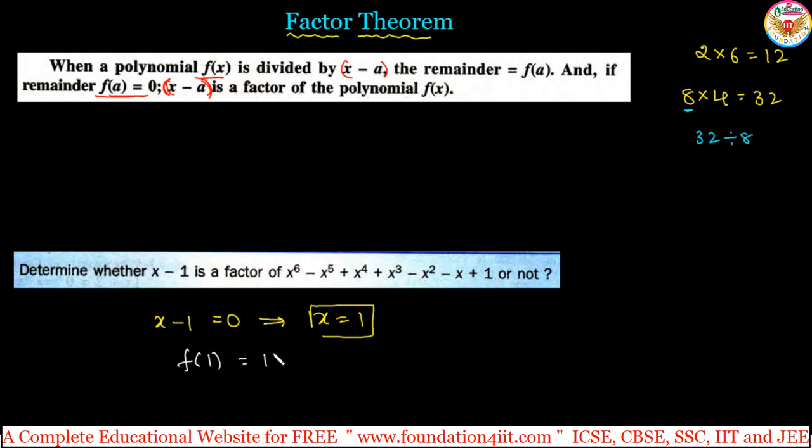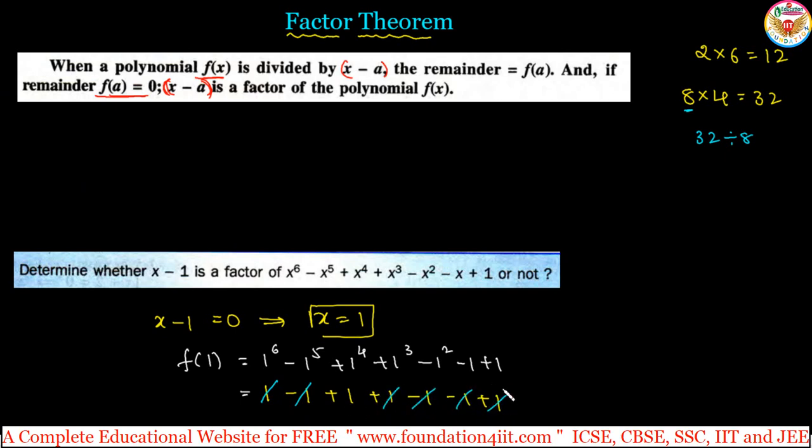x to the power 6, so 1 to the power 6 minus 1 to the power 5 plus 1 to the power 4 plus 1 cube minus 1 square minus 1 plus 1. This is 1 minus 1 plus 1 plus 1 minus 1 minus 1 plus 1. Cancelling the pairs, still 1 is there.